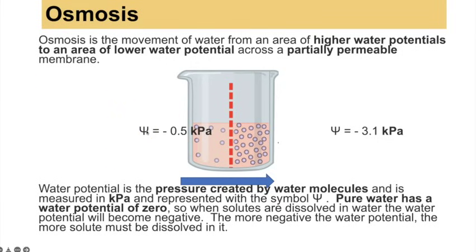Pure water or distilled water has a water potential of 0, so you cannot get any higher than 0. It's always going to be 0 or negative. And that means when solutes are dissolved in water, the water potential will be negative. And the more negative the water potential, the more solutes there must be dissolved in it.